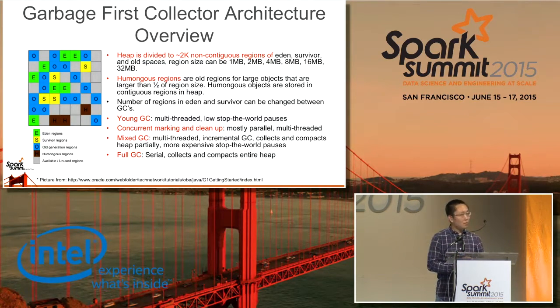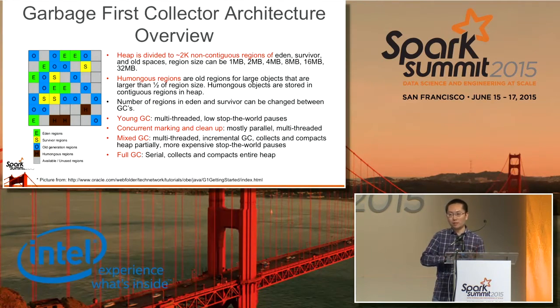So that covers the heap layout, and there are several types of collection cycles that we can cover. The first one is the young GC, which is similar to the young GCs in Parallel Old and CMS. You allocate your objects in Eden regions, and then gradually your Eden regions fill up, and there will be an allocation failure. You do an Eden region collection, which is called the young collection.